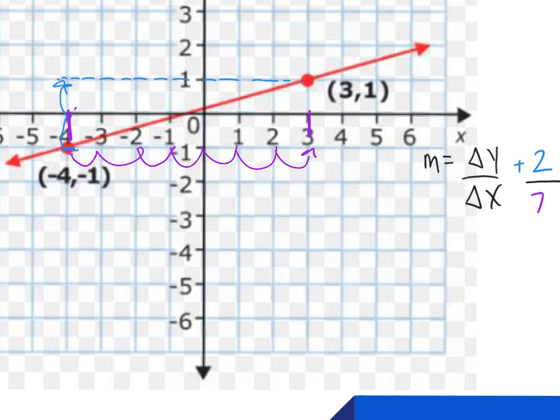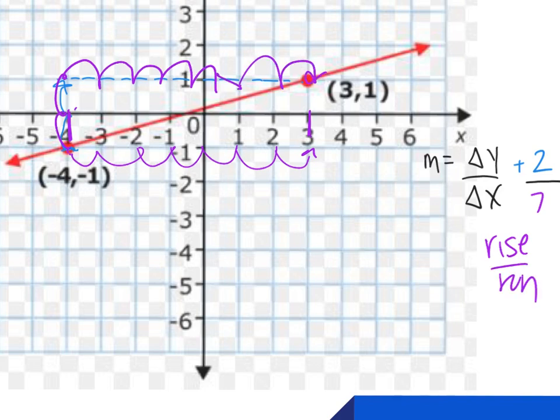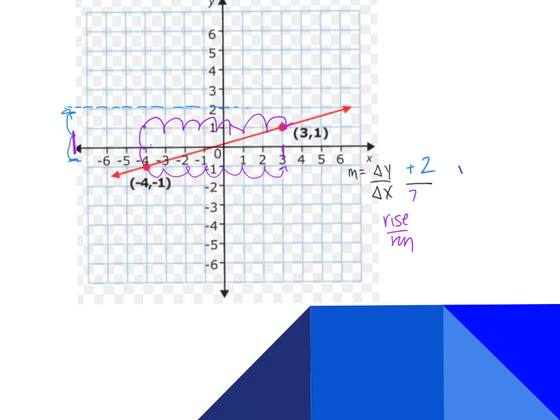You always run to the right. The rise is how much vertical change occurred. You rose 1, 2, then you went over 1, 2, 3, 4, 5, 6, 7, and put the next point. So the answer to the slope of the line, the m, the slope, is positive 2/7. That's it.